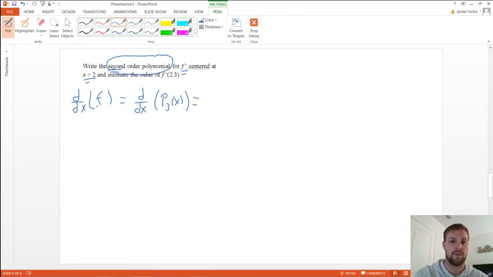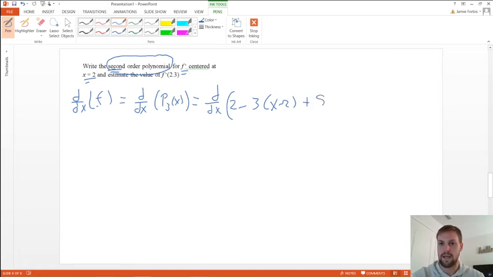So I'm taking the derivative of what I came up with in the previous problem. What I came up with in the previous problem was 2 minus 3 times x minus 2 plus 8 times x minus 2 squared plus 5 sixths times x minus 2 cubed.